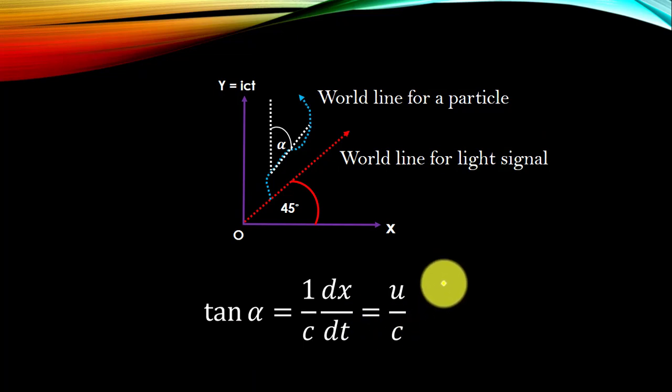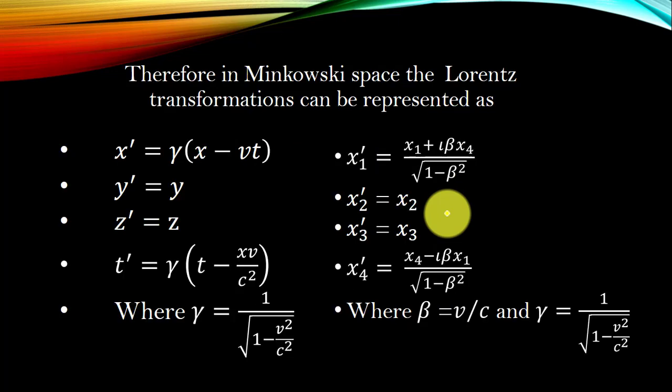As you know, no frame can have velocity greater than light. That means u by c will always be less than 1. So all the particles which have velocity less than the velocity of light are going to be represented above this line, and the angle alpha for them will always be less than 45 degrees, because after 45 this trajectory is going to reverse. This we will also discuss when we consider the light cone. So I'm not stressing over this point now, we'll discuss it in a later video.